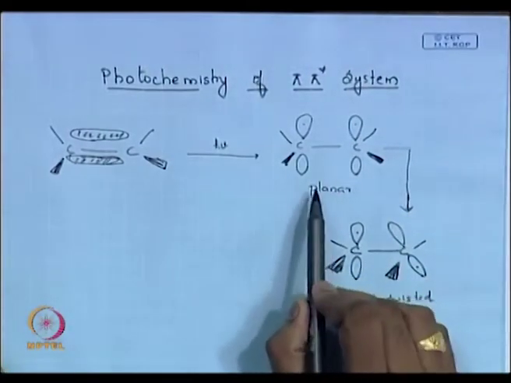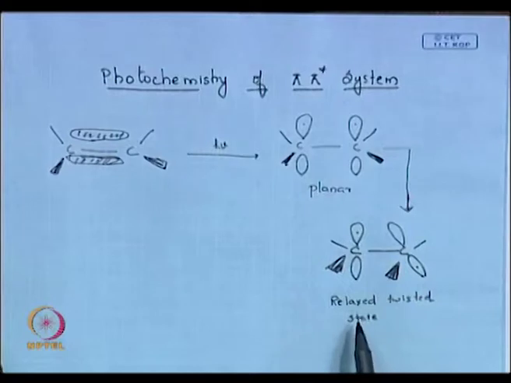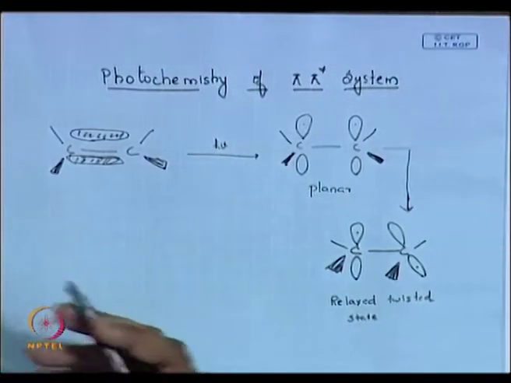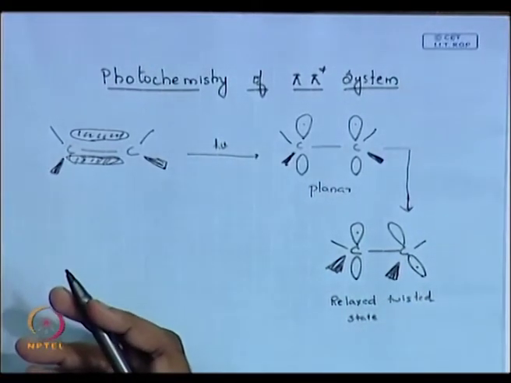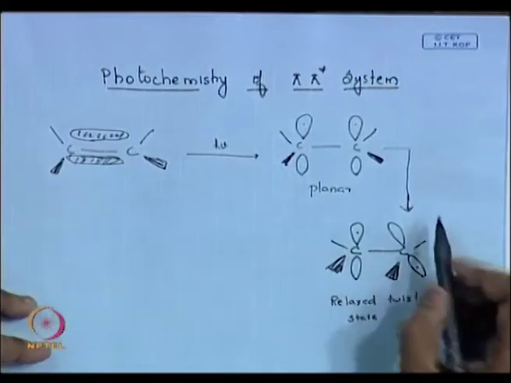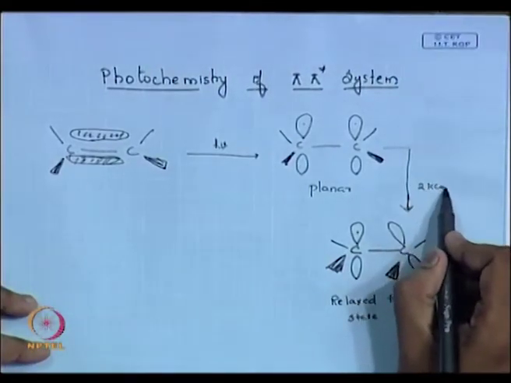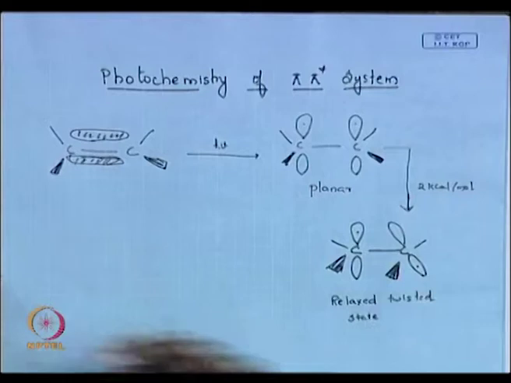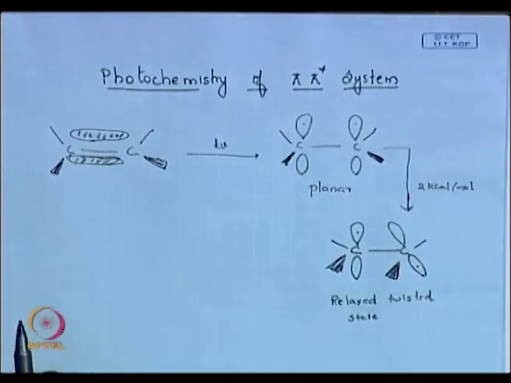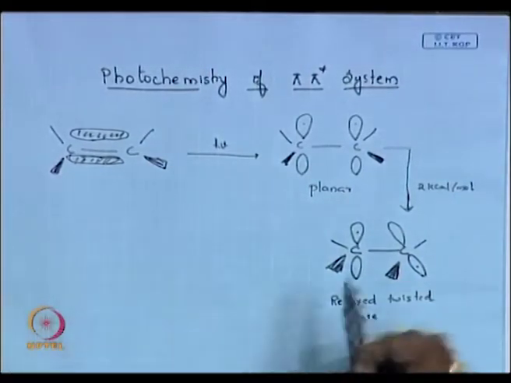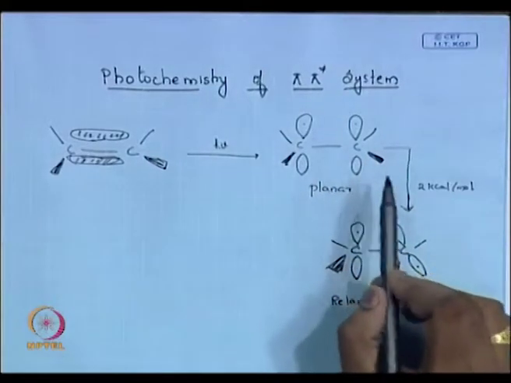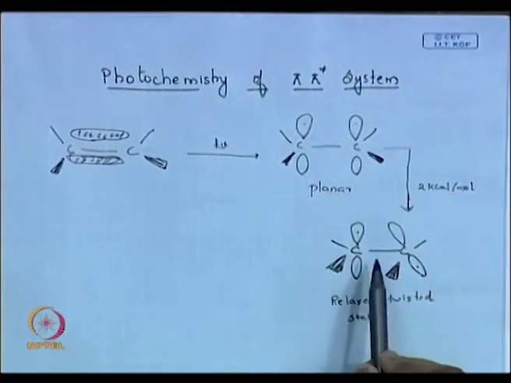Basically, the energy required to move from planar to the relaxed state is only 2 kilocalories per mole, not more than that. So, it needs only this much energy to do this, maximum 2 to 3 kilocalories, that is all it needs. This is the difference between your n pi star reactivity and pi star reactivity.